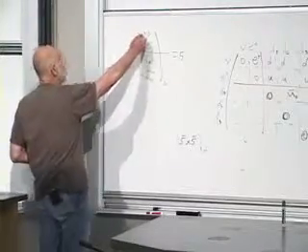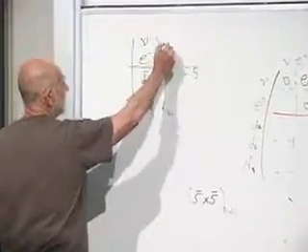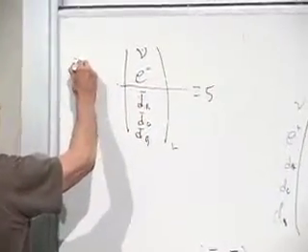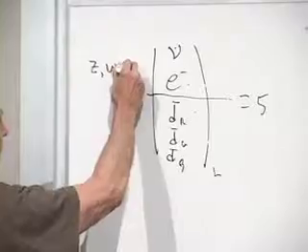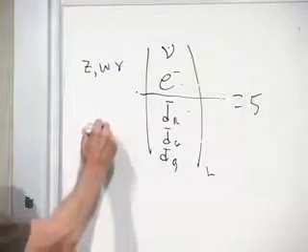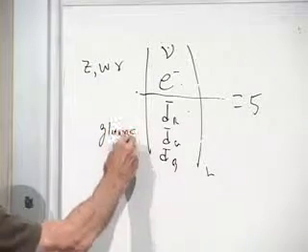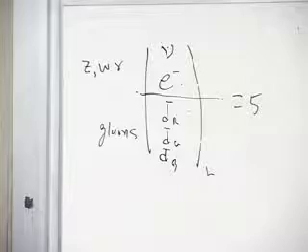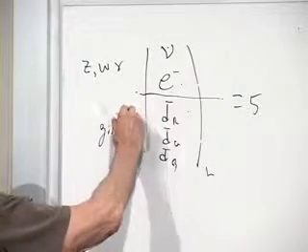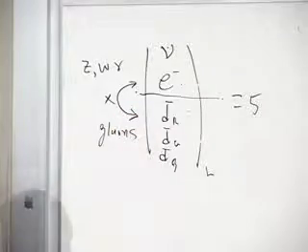Okay. For example, between here and here, we have the Z, the W, and the photon, which act in here. And in here, we have the gluons. The new things that we have now are the X and Y bosons, and the X and Y bosons take you this way.